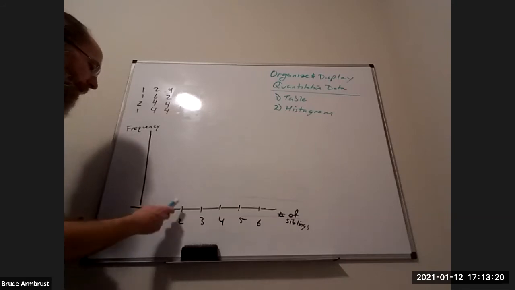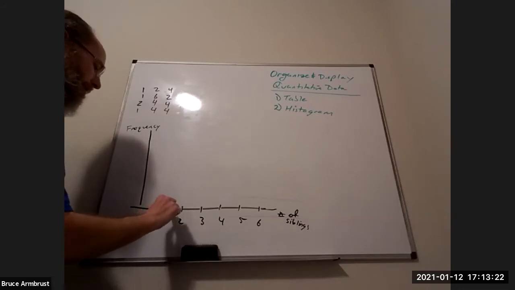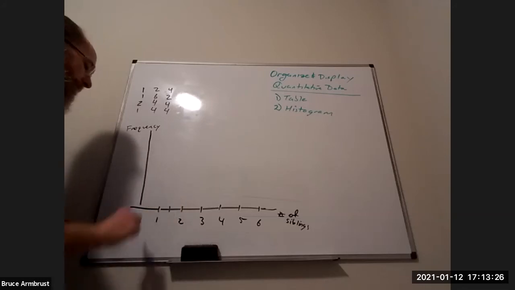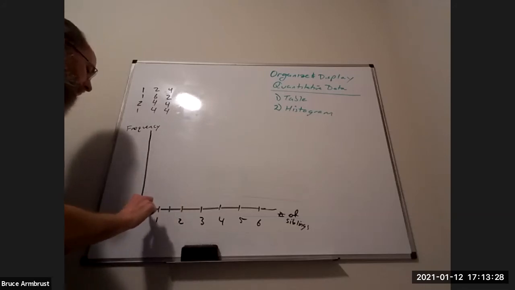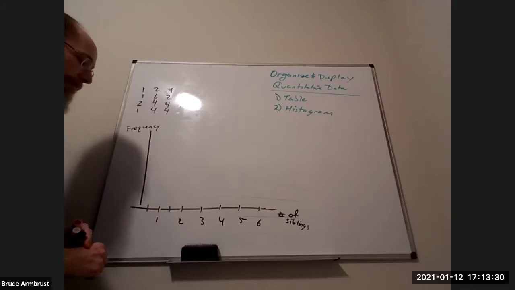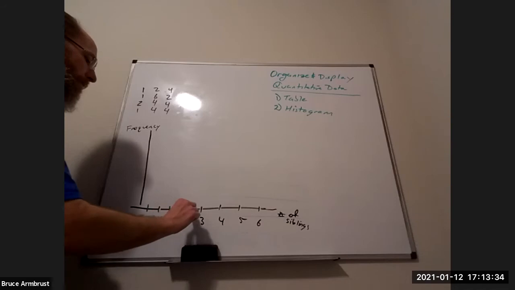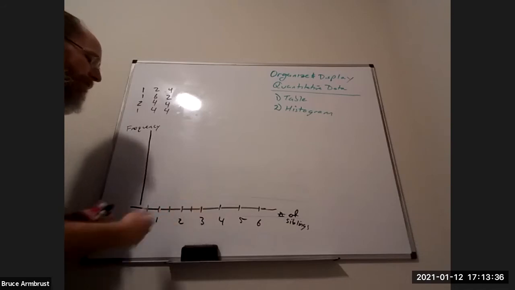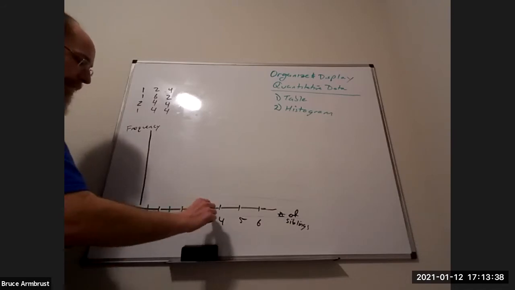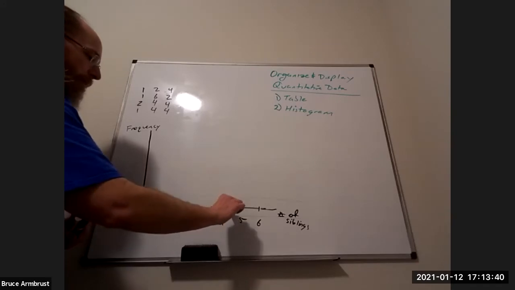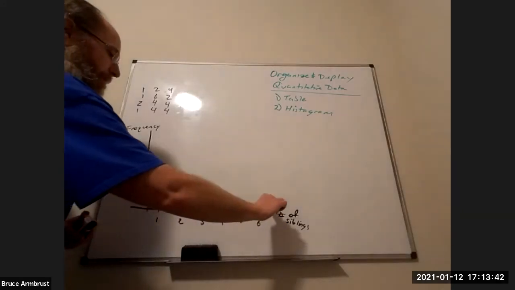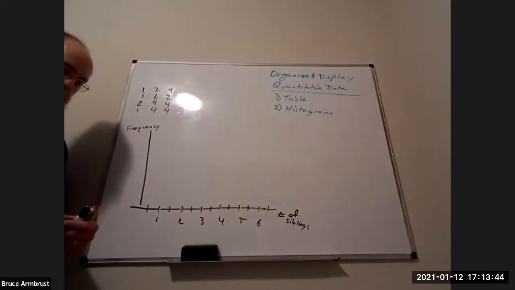So the bar that goes around 1 needs to come out to 1.5 on the right and 0.5 on the left. The interval around 2 needs to be 1.5 to 2.5. For 3, it's 2.5 to 3.5, and so on.